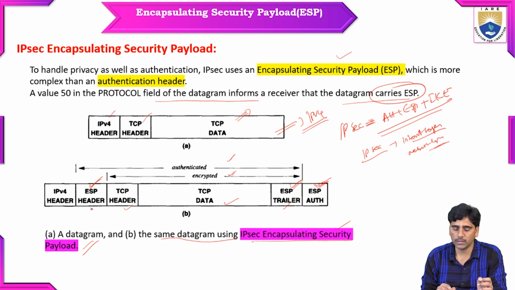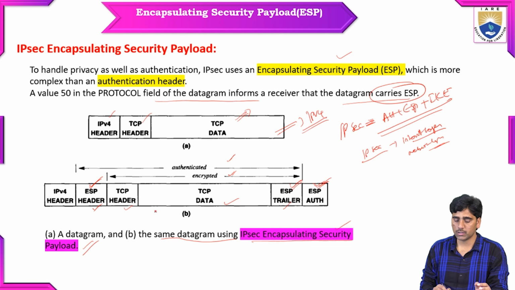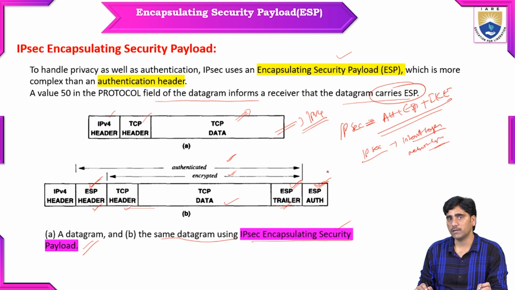Along with that, the ESP header is added for authentication purposes. From the ESP header to the ESP trailer, it is treated as authenticated, and from the TCP header through the TCP data to the ESP trailer, it is encrypted data. So now the ESP header, ESP trailer, and ESP authentication are added in the IPv4 datagram.